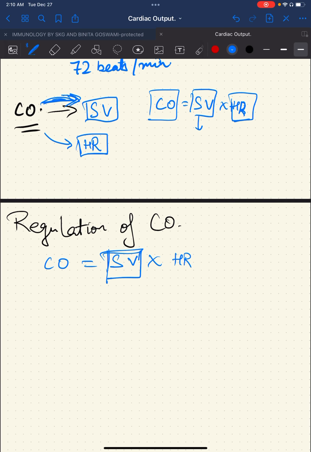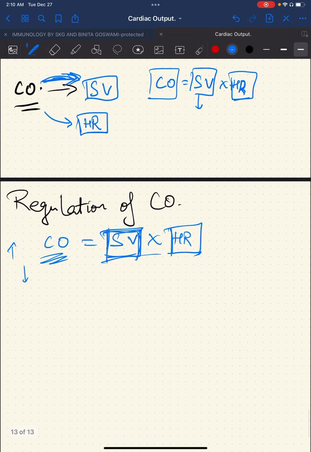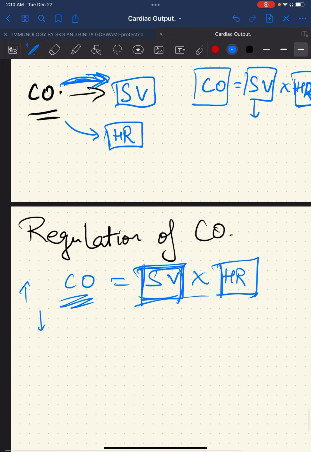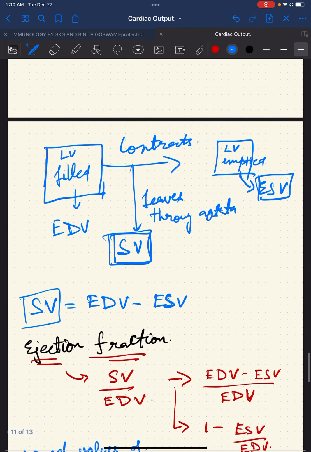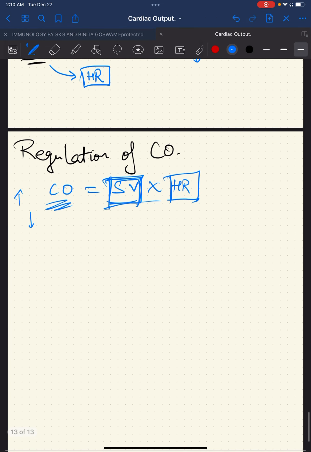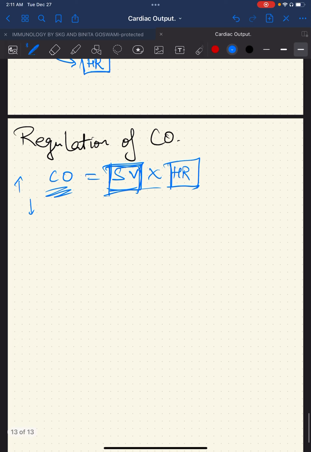Either I can regulate my stroke volume, alright, or I could just regulate my heart rate. This way, I can increase my cardiac output or even decrease my cardiac output. So, with this, we come to an end of the session. In the next video, we'll be studying the regulation of cardiac output in much more detail. Thank you very much.